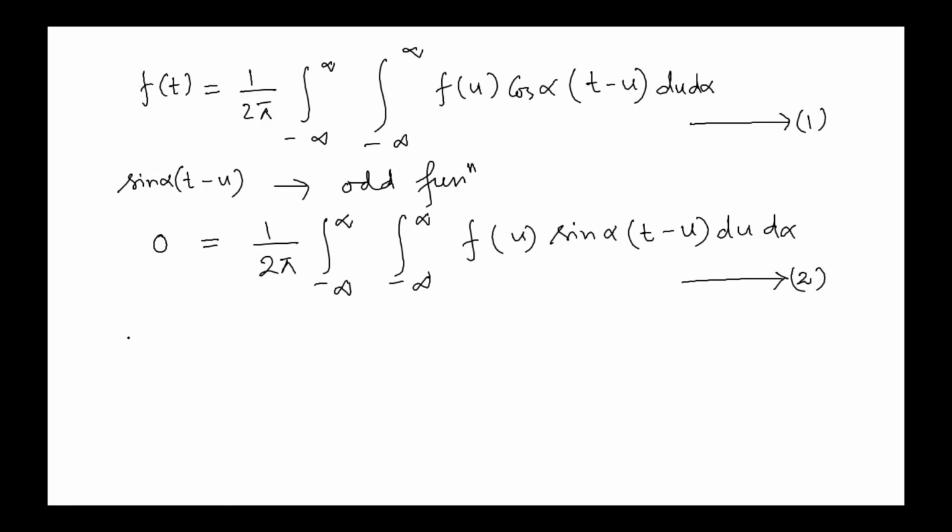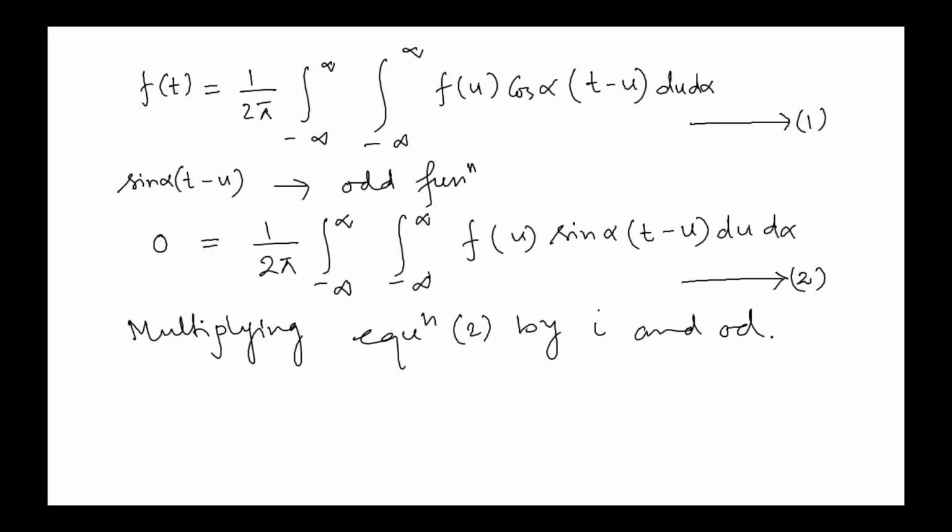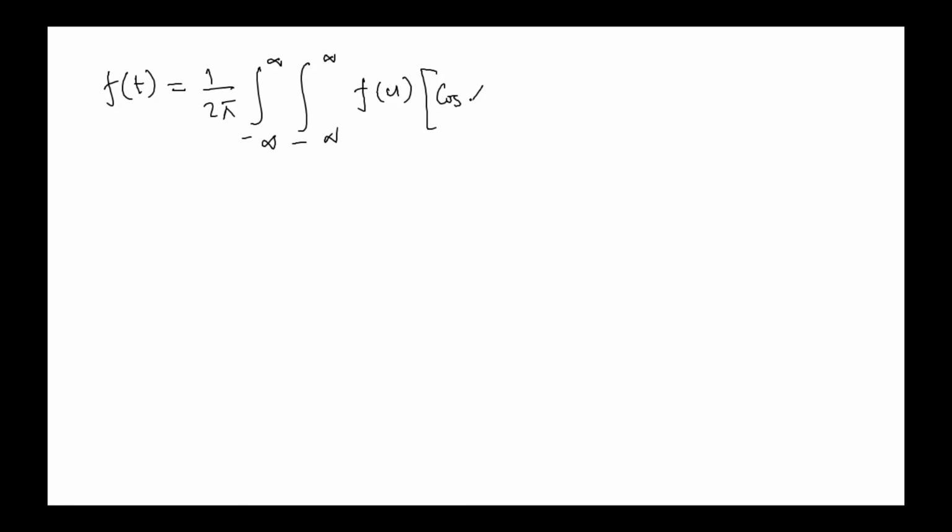Multiplying equation 2 by i and adding to equation 1, we get f(t) as 1 by 2 pi integration from minus infinity to infinity, integration from minus infinity to infinity, f(u) [cos alpha(t minus u) plus i sin alpha(t minus u)] du d alpha.